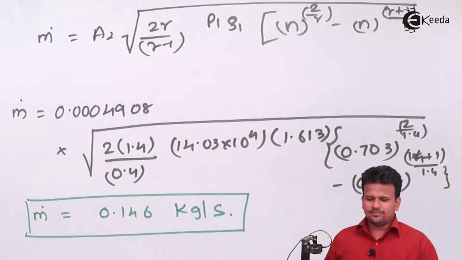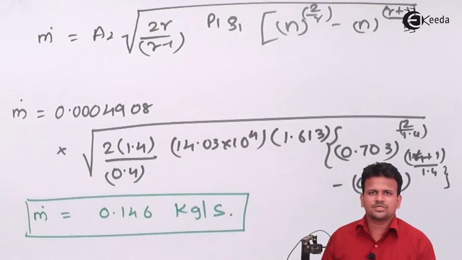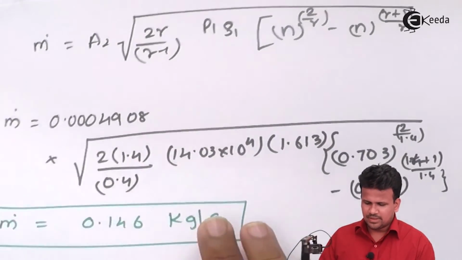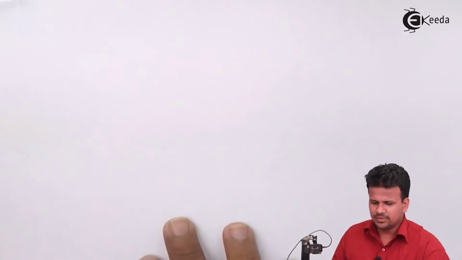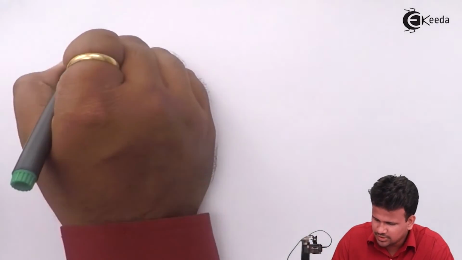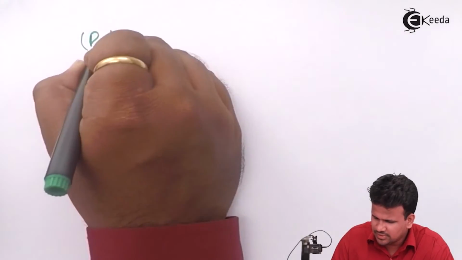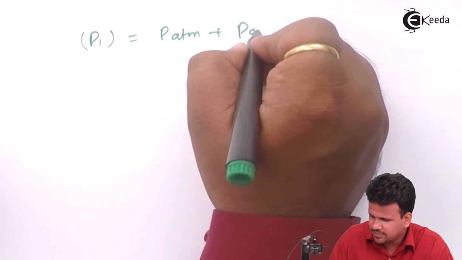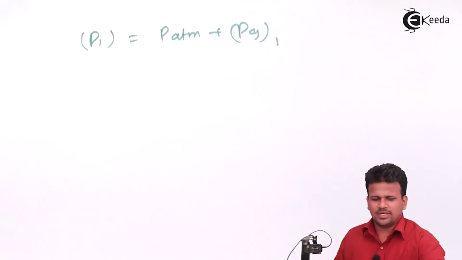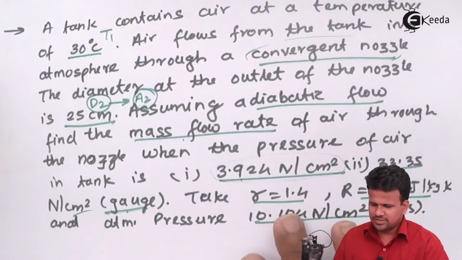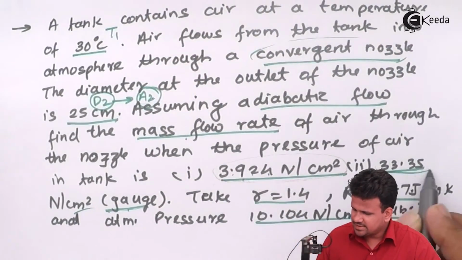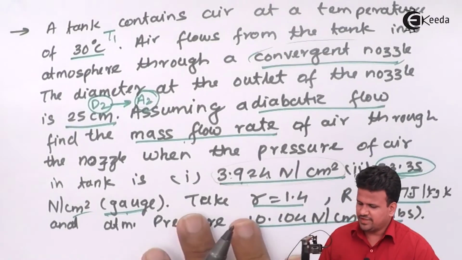So in our problem, there was not only one initial pressure, there were two initial pressures. Initial pressure for the second part was P1 is equal to P atmosphere plus P gauge of 1. So let us go to our problem and check this out. For the first case it was 3.924. The second case is 33.35.